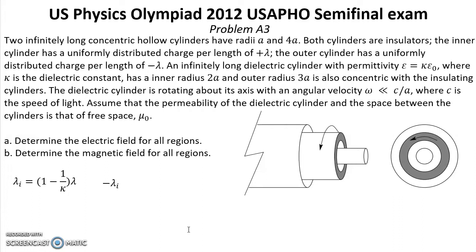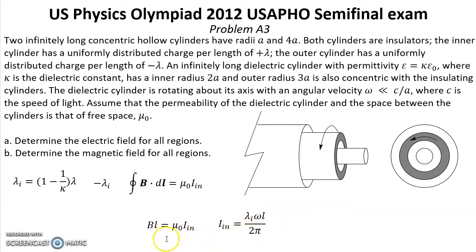In that case we can write Ampere's law, and on this loop we have this equation. This line integral must be equal to μ0 multiplied by the current through this loop. It means that this integral equals BL, which is equal to μ0 I in, and I in equals lambda I multiplied by omega L over 2 pi.